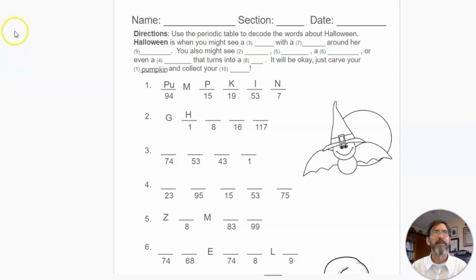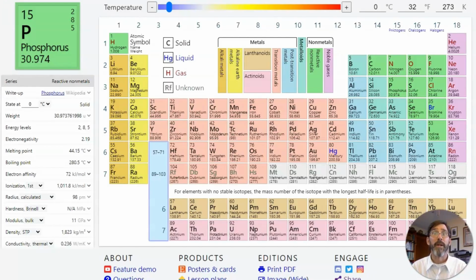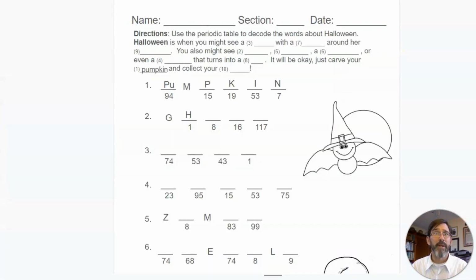Let's take a look. For number 8, we're back at the top of the periodic table, and we are in the reactive nonmetals. There it is. Oxygen. Capital letter O. Above the number 8, go ahead and write in a capital letter O.